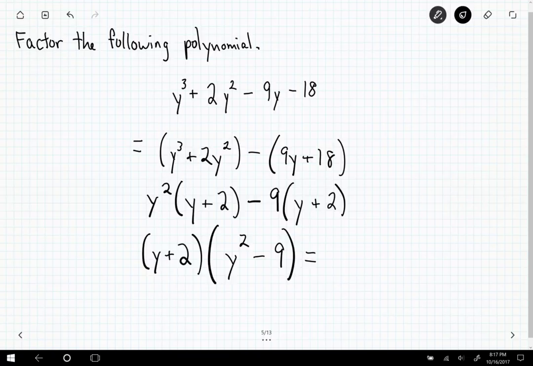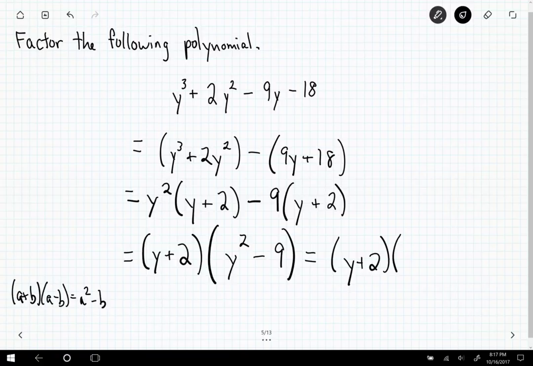Now, we can actually break this down even further. And let me put some equal signs in here. You have that y plus 2. And y squared minus 9 can factor down even further. The way y squared minus 9 can factor down, well, let's just recall your difference of squares. You have a plus b times a minus b equals a squared minus b squared.